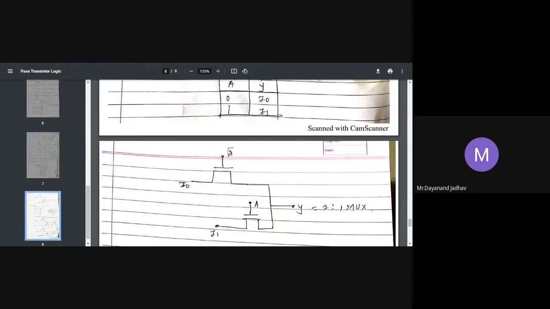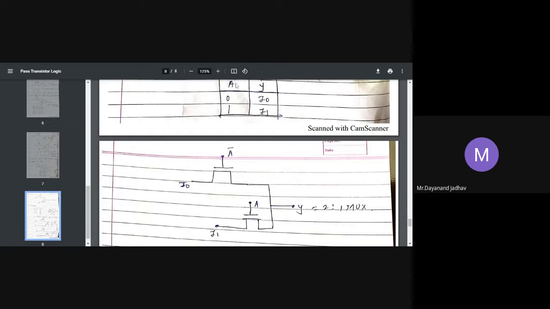When we consider a bar, a is 0, a bar is 1, meaning I0 is there. Here a is 0 for the first case, therefore it is not in the operating stage, not in the working stage, therefore here only I0 we consider in the output.